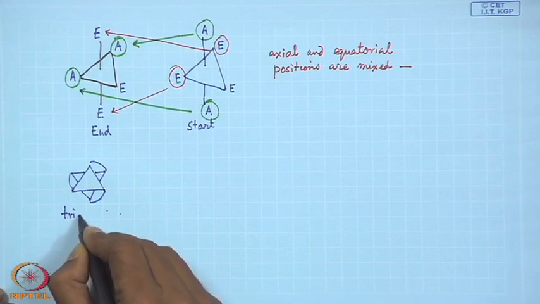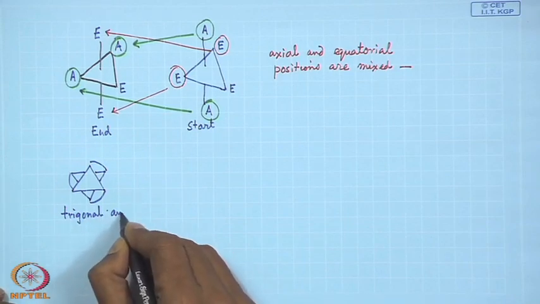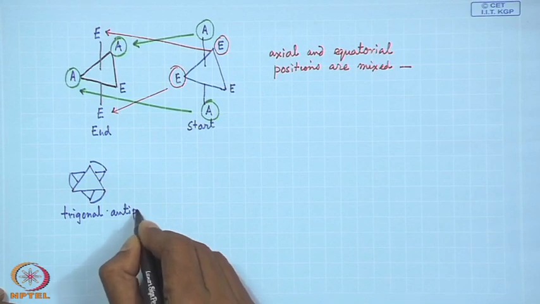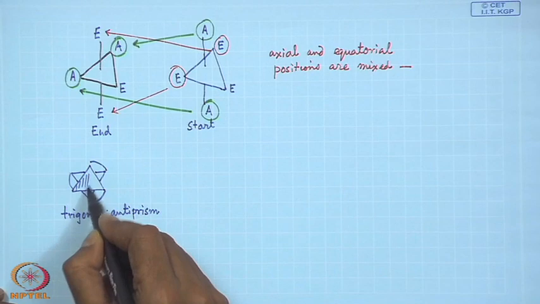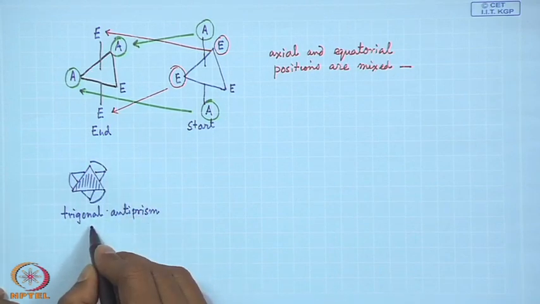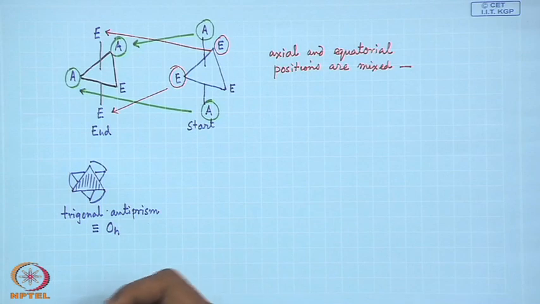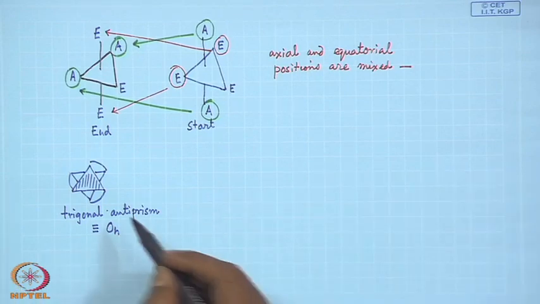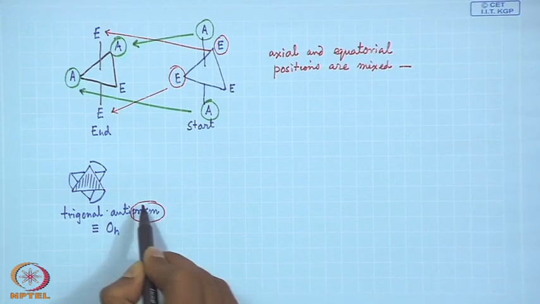It is a trigonal antiprism, because this is one particular triangular face of the prism and the back is the other one, which is equivalent to our corresponding octahedral geometry.